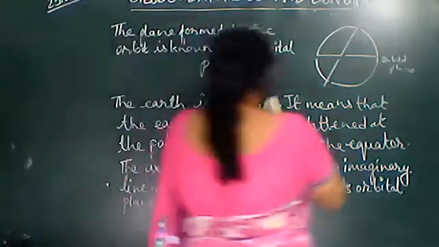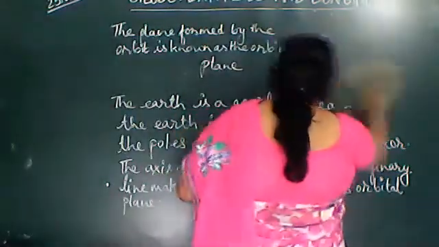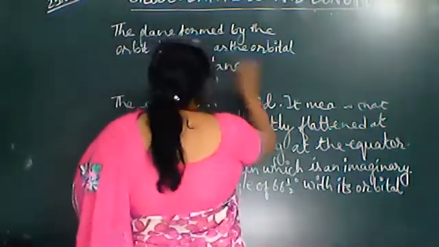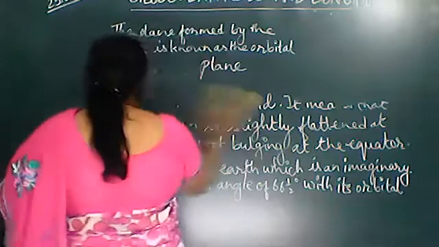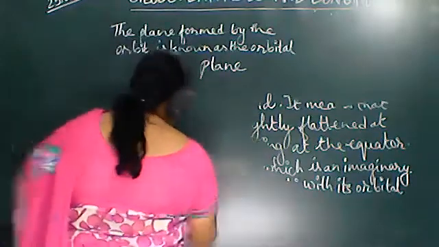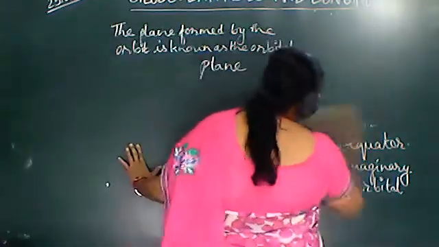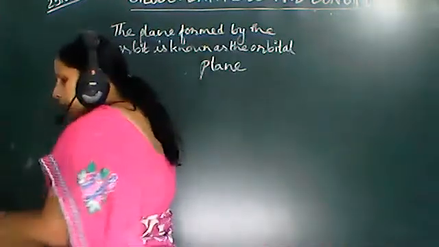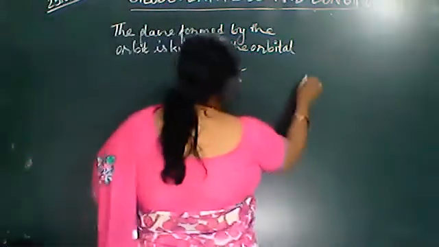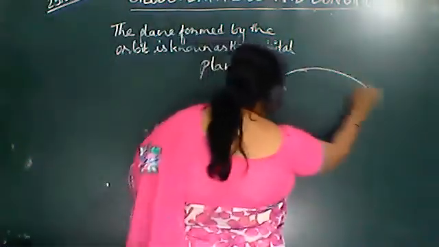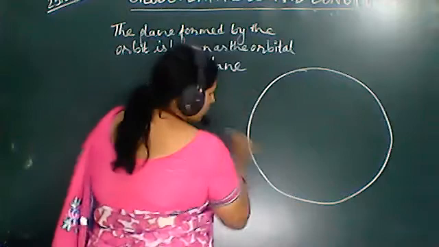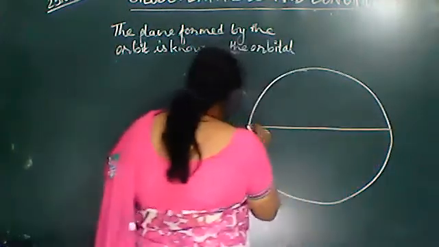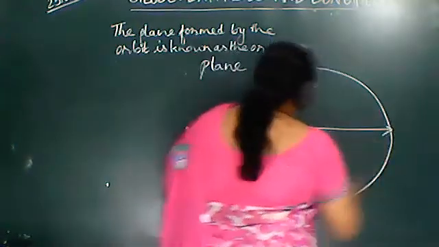Now let us try to understand the equatorial extent and the polar extent. What is the equatorial extent and what is the polar extent of the earth? When I draw a rough sketch of the earth, this is the equatorial extent.